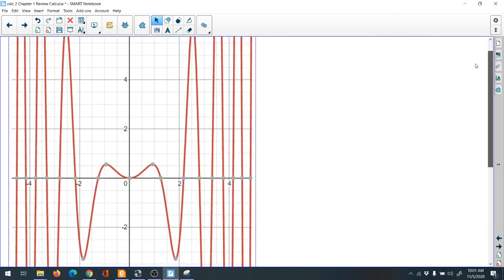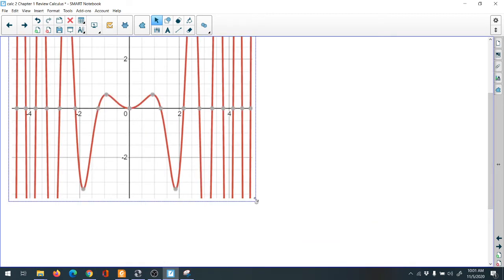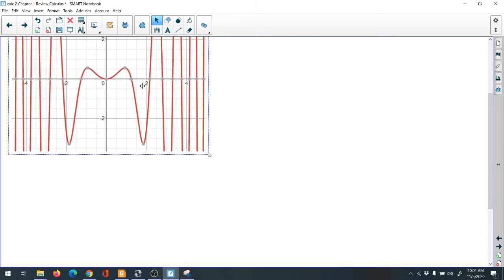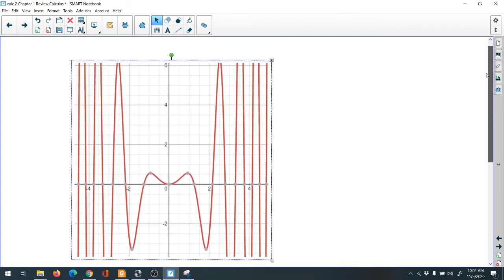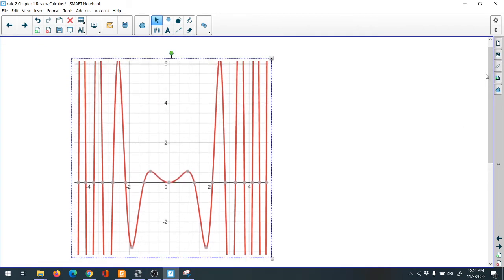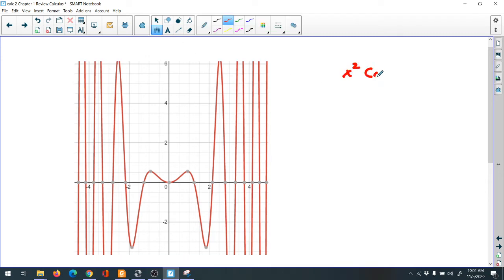Let's make it smaller and smaller. Better now. So this is the function that we graphed, which is x squared cosine x squared.